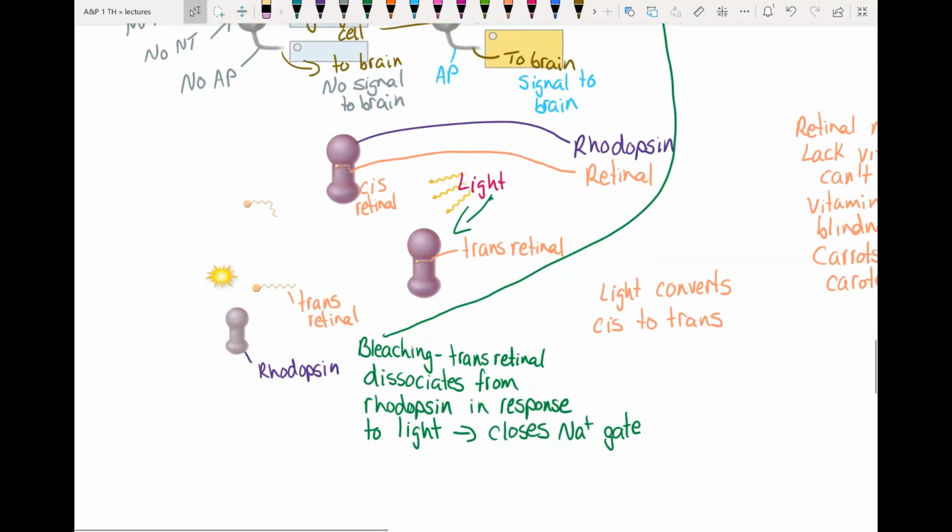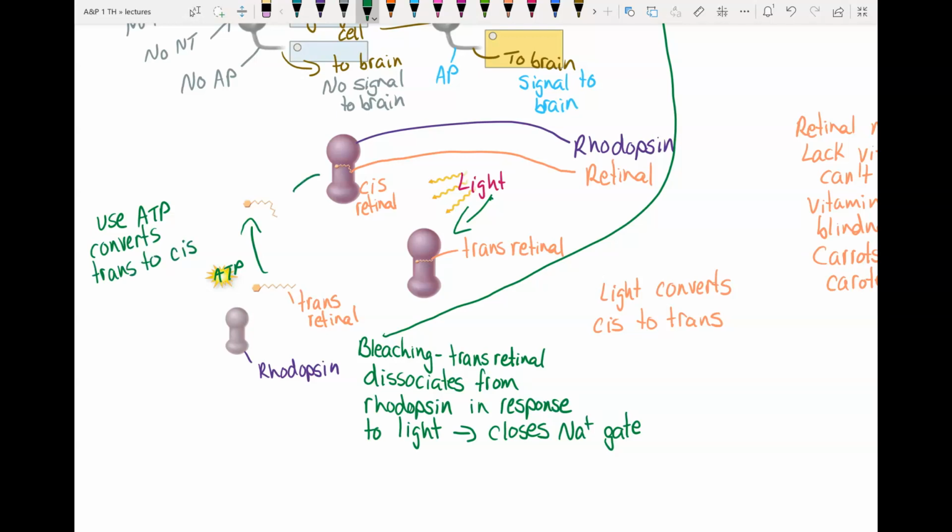Then, after bleaching, you have to reset before you can send another signal to the brain. So now, this represents an ATP. So now you use ATP, and notice we're going to rebend that retinol. So the ATP converts the trans retinol back to cis.